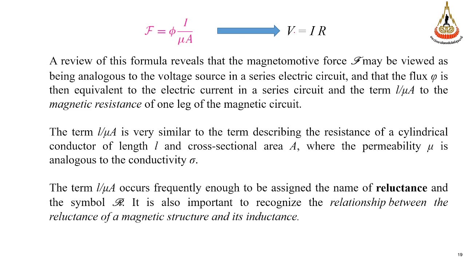This is similar to V equals IR in Ohm's law, right? This L divided by mu A, we call the reluctance of the circuit. When you calculate R, what is R?